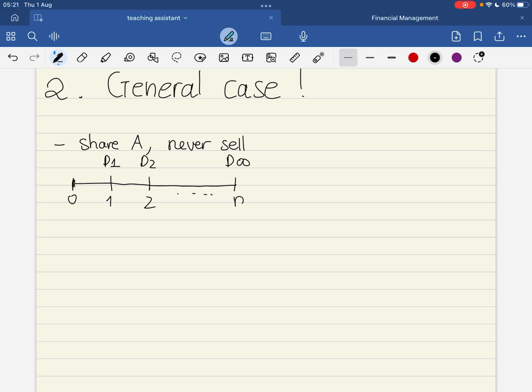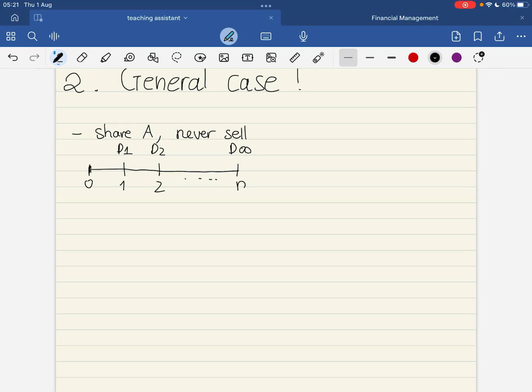Using the concept of discounted cash flow, we can see that the price of a stock is totally dependent on the dividends.